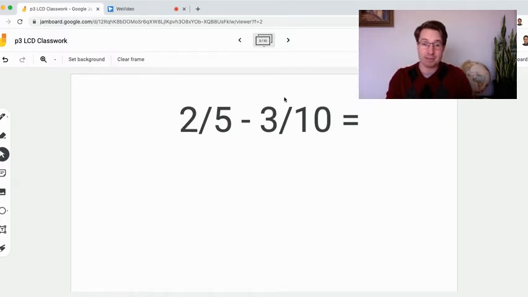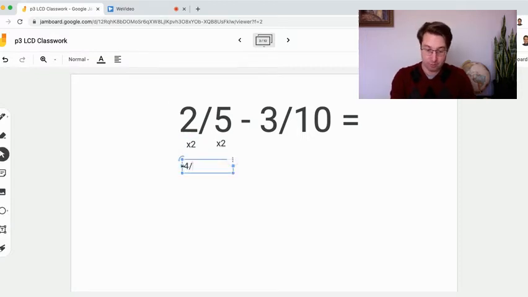So we can actually leave the 3/10 alone, but in order to turn 2/5 into tenths, I have to multiply 5 by 2 and 2 by 2. So we'll change this, and it'll be 4/10, because 5 times 2 is 10 and 2 times 2 is 4. 4/10 minus 3/10.